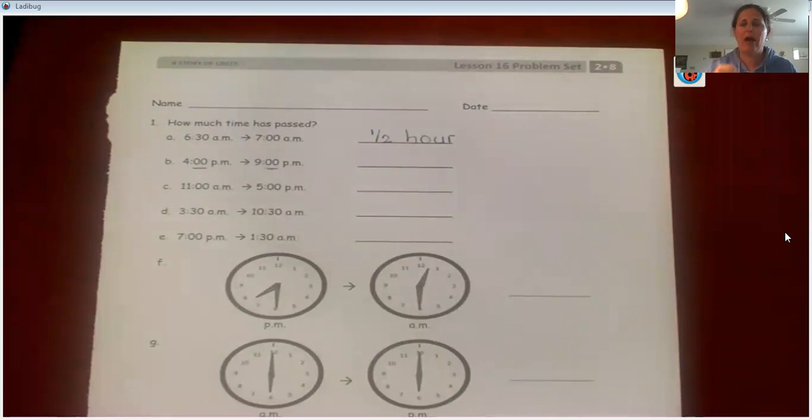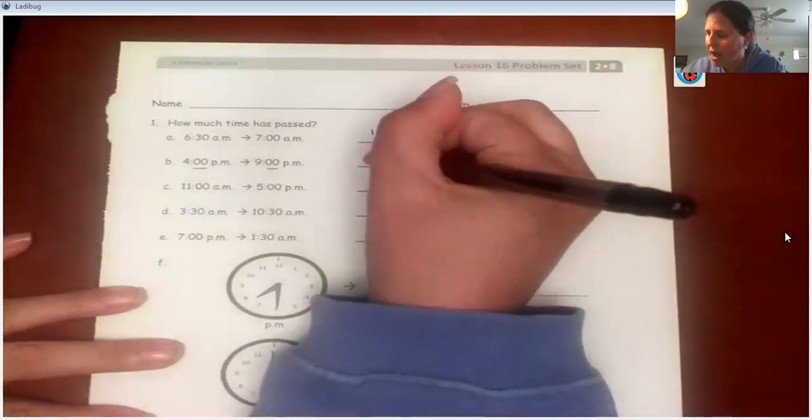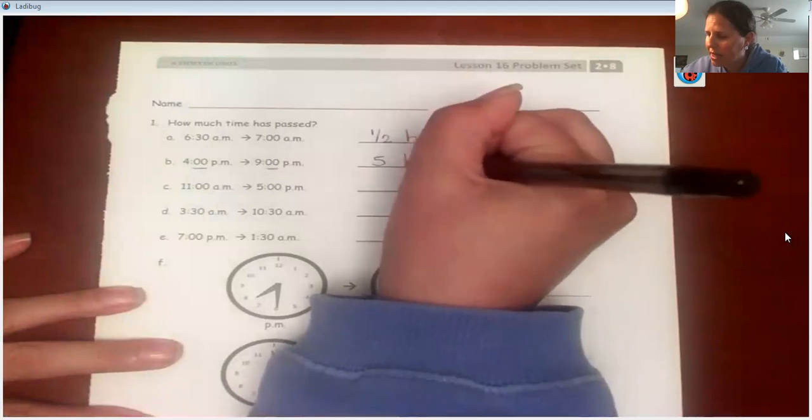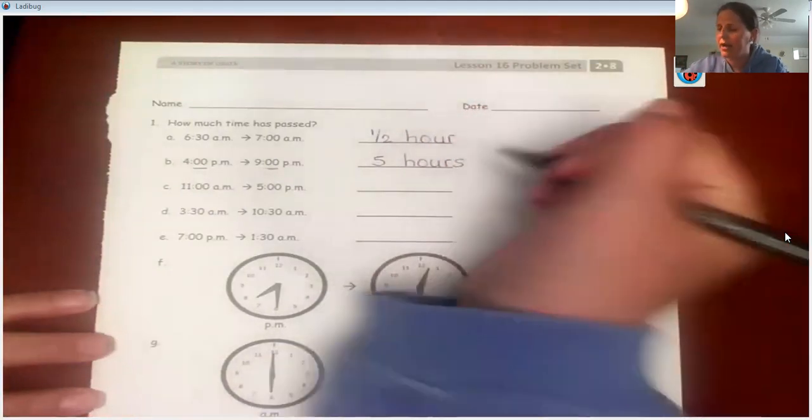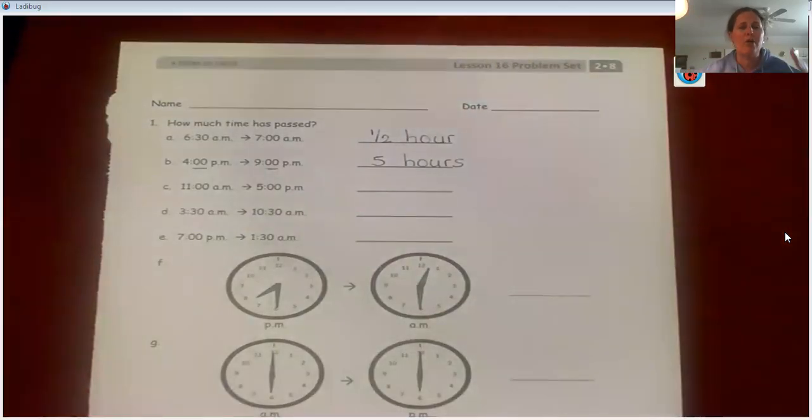So it's 1 hour to get to 5 o'clock, then 6 o'clock, then 7 o'clock, then 8 o'clock, then 9 o'clock. So to go from 4 p.m. to 9 p.m. is 5 hours, because 4 plus 5 equals 9. So if you're at 4 o'clock and you add 5 more hours, it will get you to 9 o'clock p.m.